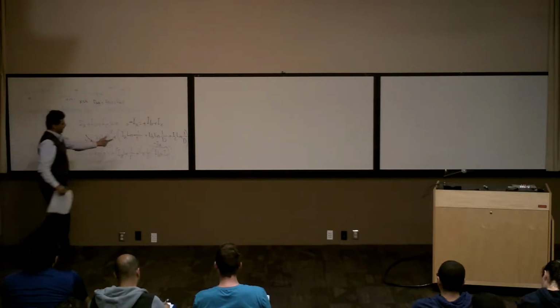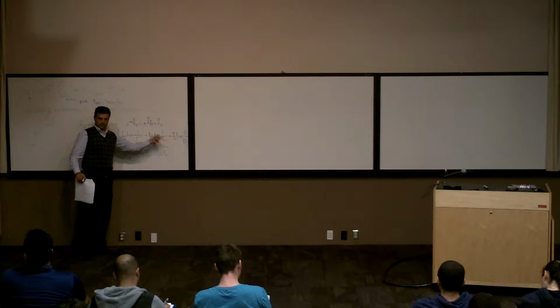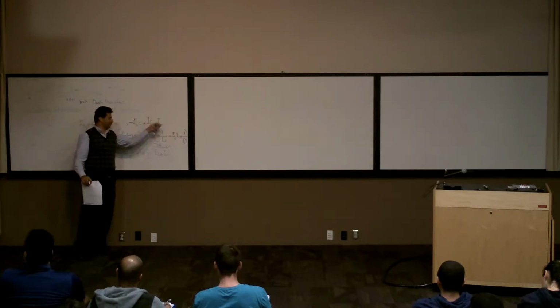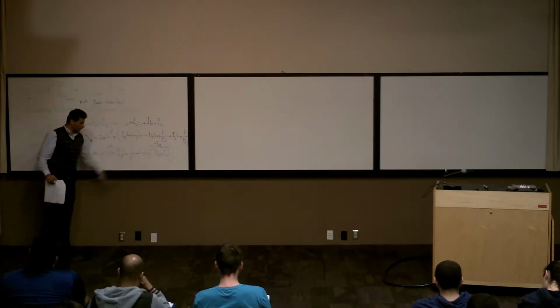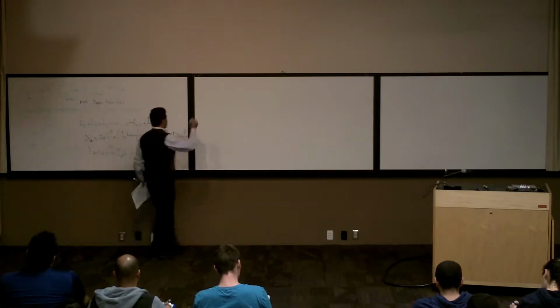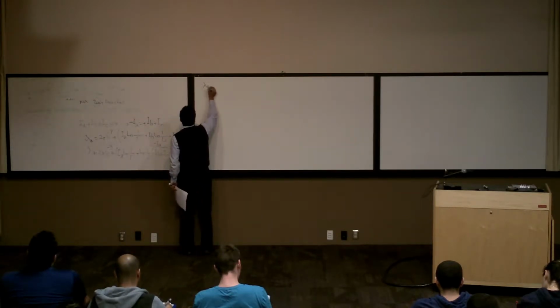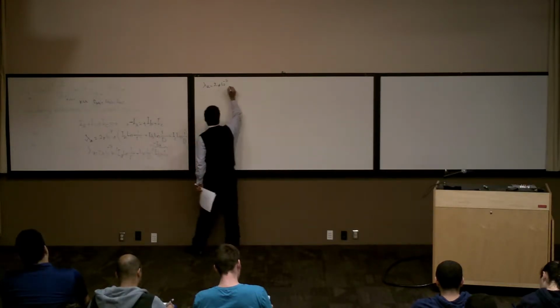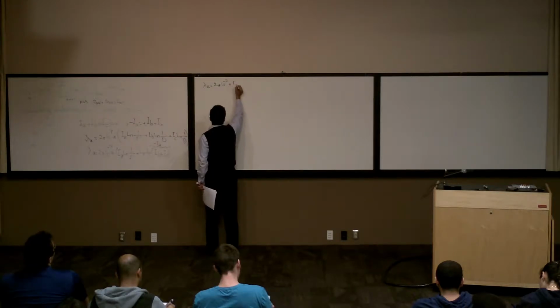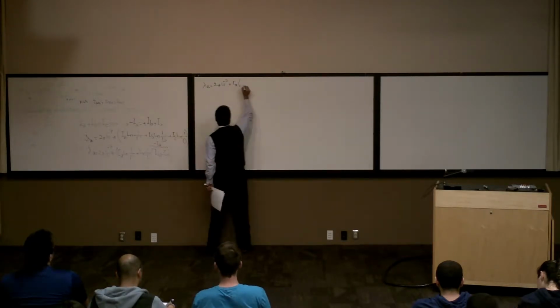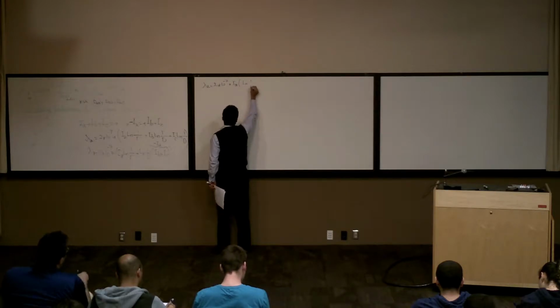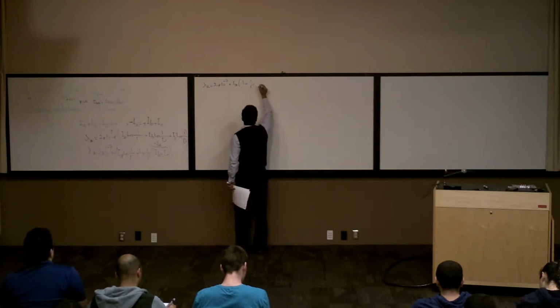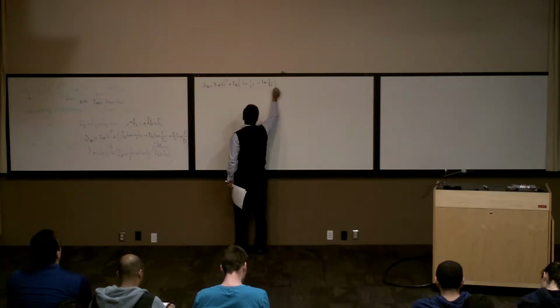Just by factoring ln of 1 over d, we got IB plus IC. IB plus IC is minus IA, right? Replace it there. Lambda A is going to be 2 times, and I'm going to factor in IA, ln of 1 over R prime minus ln of 1 over d.